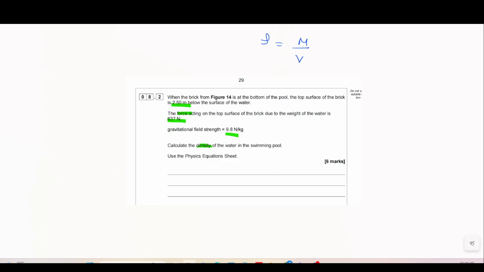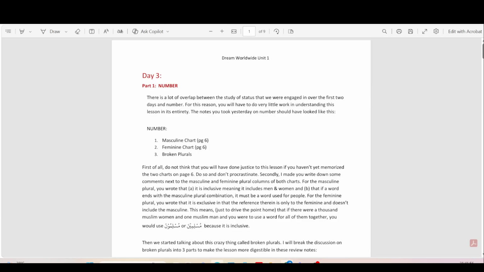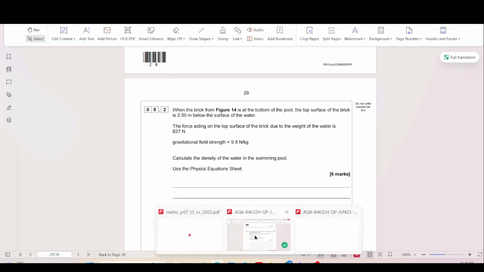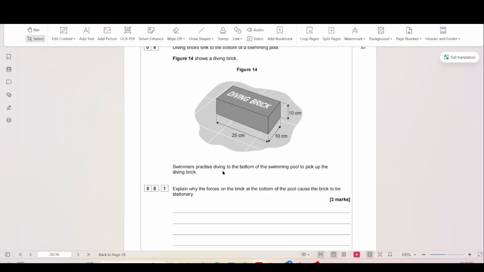Mass is given from this figure. Let's go back and check mass. What is the mass? I think use the volume.